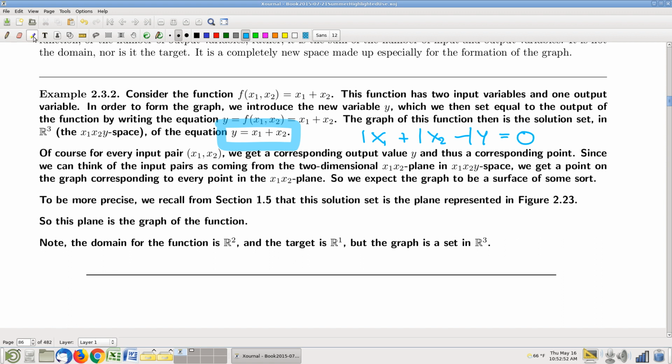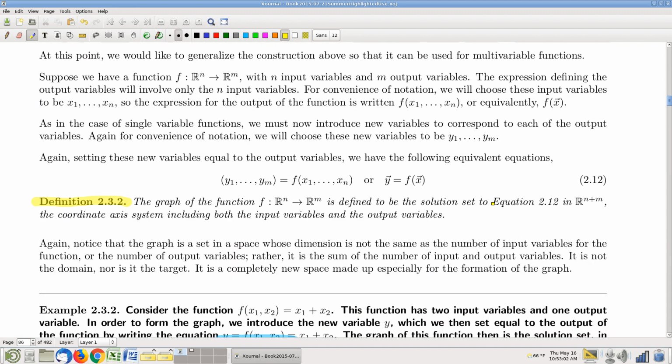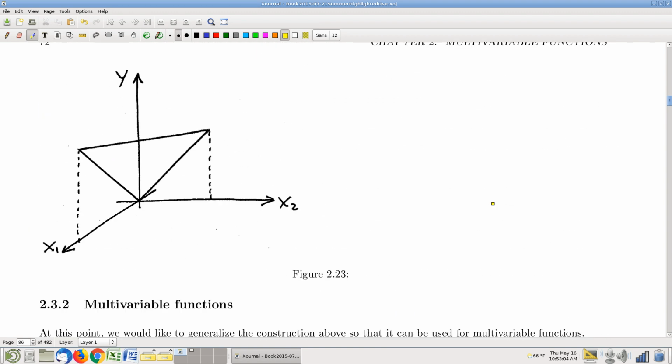And so this is a plane that goes through the origin with normal vector 1, 1, negative 1. So, yeah. Got lucky. And here's what that looks like. It's a hard plane to draw because this plane goes through the origin. You can see right there, but it's coming out of the page toward us in a weird way, and it's just hard to represent that.